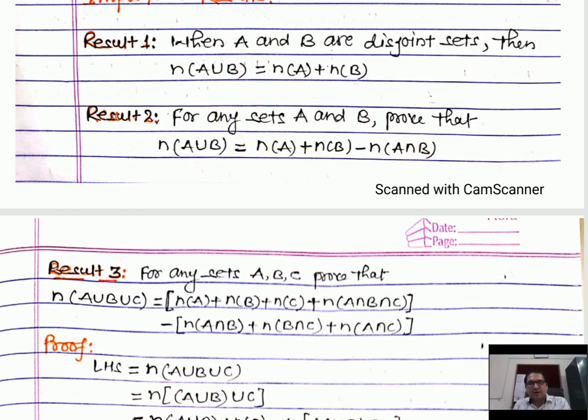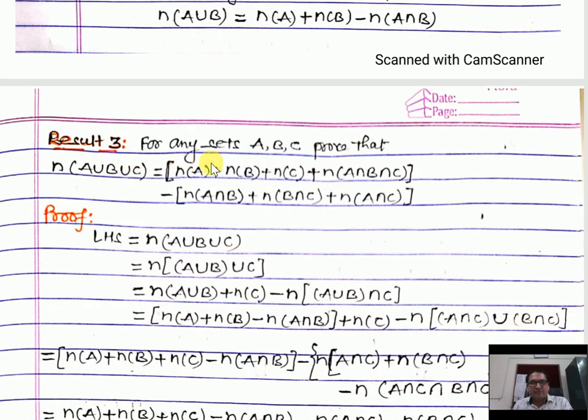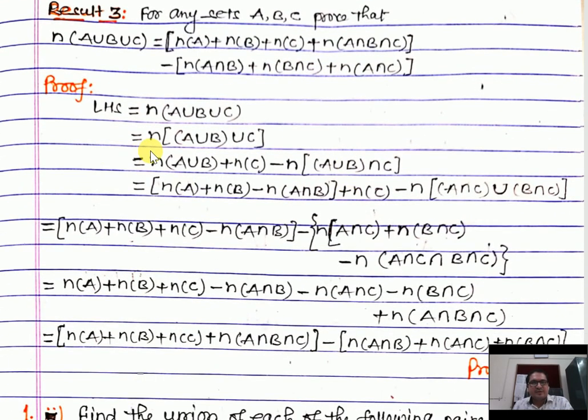These are all the results we are going to apply somewhere to solve the problems. Result number 3, for any sets A, B, C, prove that n(A union B union C) equals n(A) plus n(B) plus n(C) plus n(A intersection B intersection C) minus n(A intersection B) plus n(B intersection C) plus n(A intersection C).